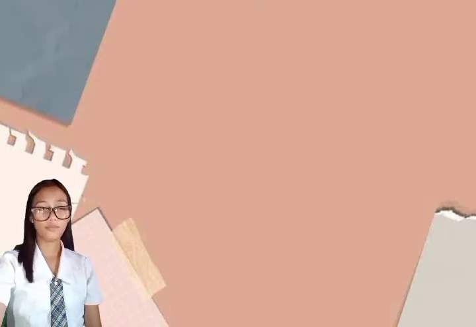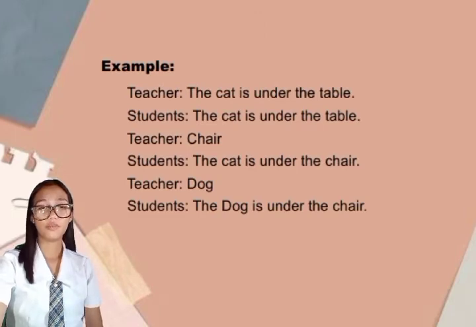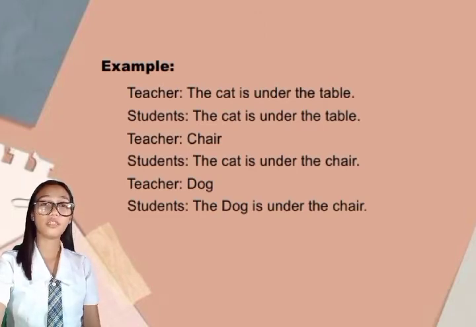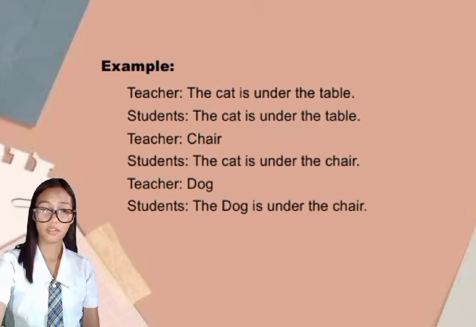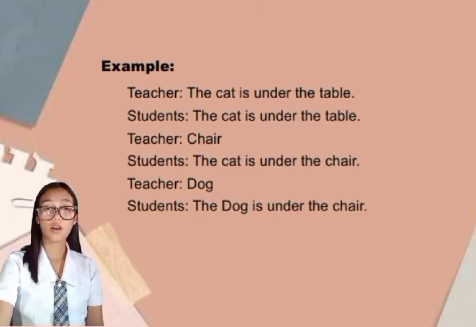For example, Teacher, the cat is under the table. Students, the cat is under the table. Teacher, chair. Students, the cat is under the chair. Teacher, dog. Students, the dog is under the chair.